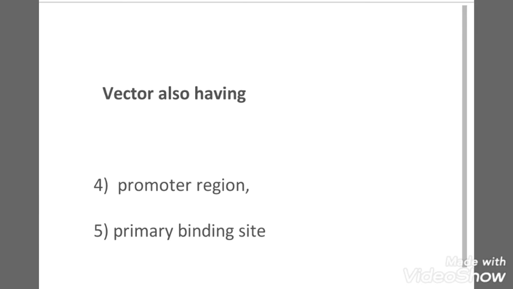If any plasmid is composed in the laboratory, the three important sites are essential, and it also has two more, the promoter region and the primer binding site, which are also very important. Along with those three, the promoter region and primer binding site are also present in what we call a plasmid or vector.